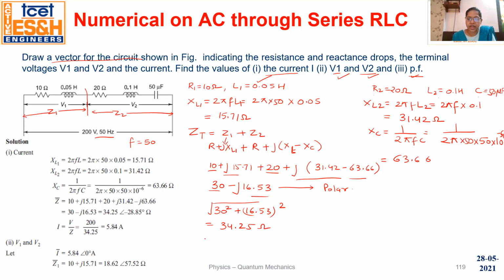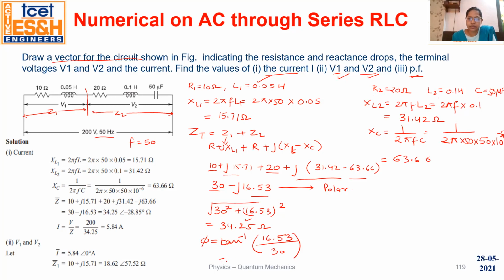For calculation of the angle, phi is equal to tan inverse of X by R. So X is 16.53 and R is 30.